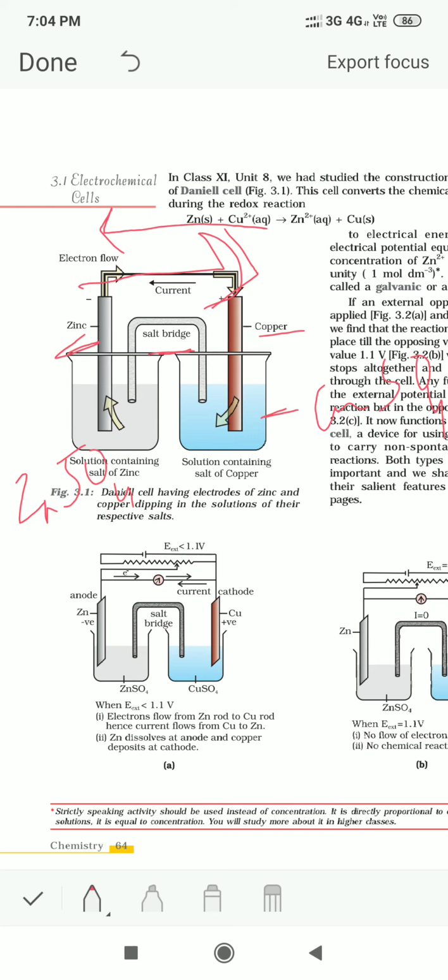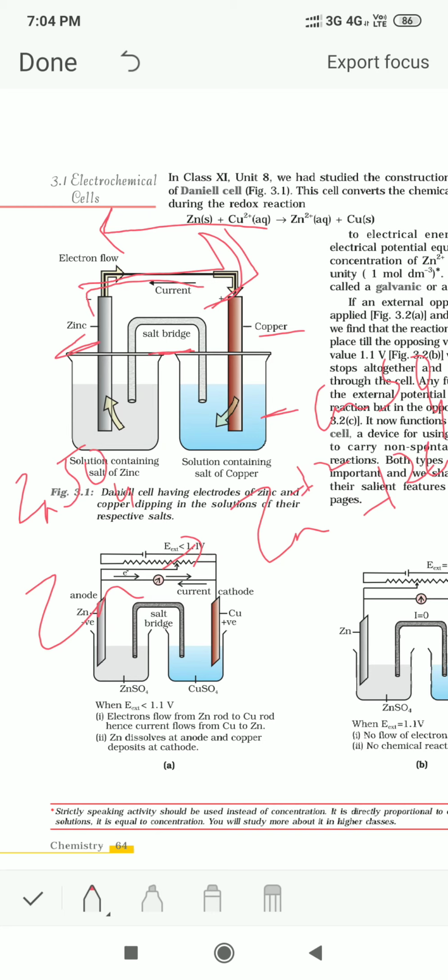Zinc atom loses electrons and changes to zinc ion, and two electrons are released, and these two electrons move through the outside circuit towards the copper electrode.